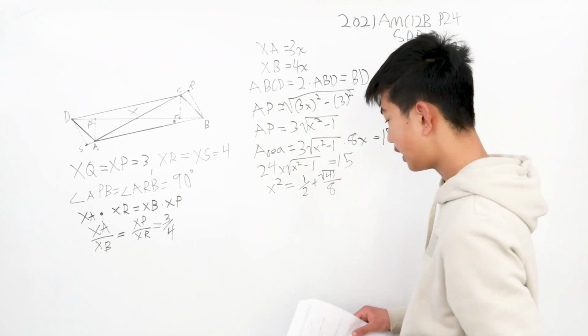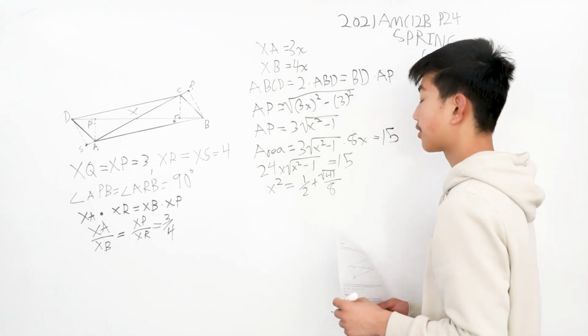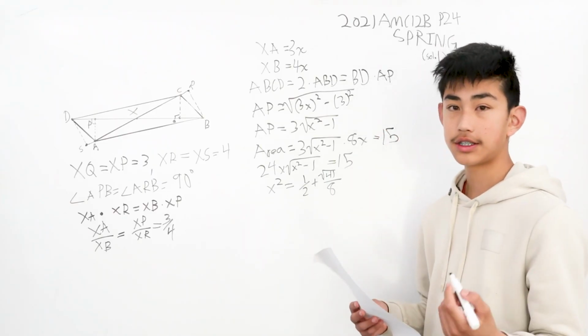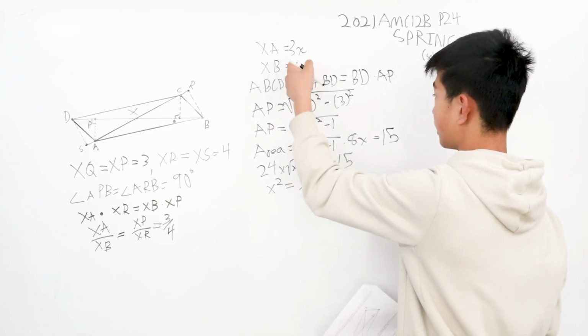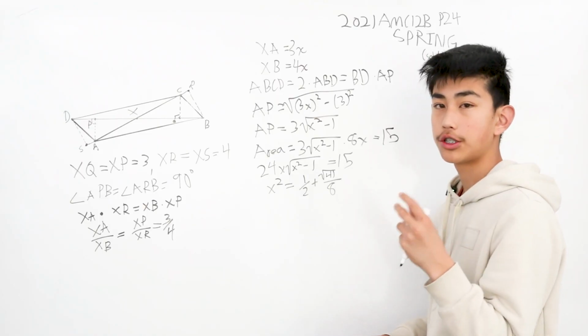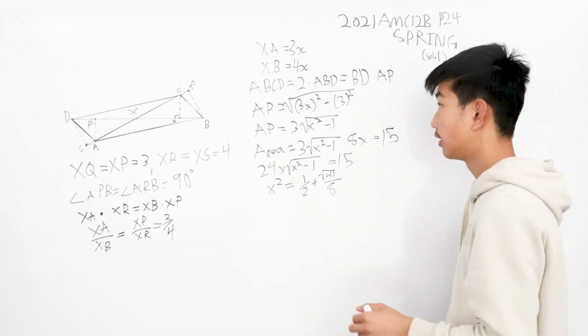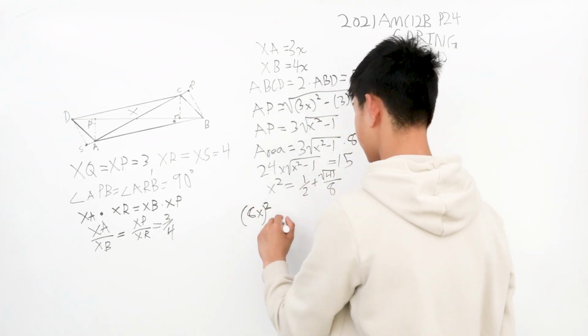If we have this value of x squared, and we want the total length D squared, we know that its square root is 8x, so you want 8x and then square all of this.